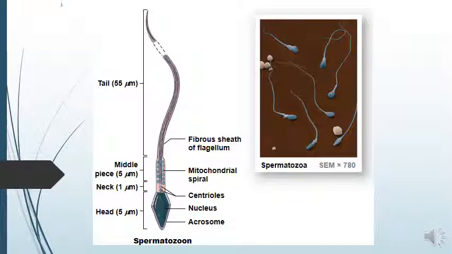The acrosome or acrosomal cap contains enzymes, and these enzymes are essential in order to have fertilization. We can also see a short neck attaches the head to the middle piece, and the neck contains both centrioles, and the microtubules of the centrioles are continuous with those of the middle piece and tail.